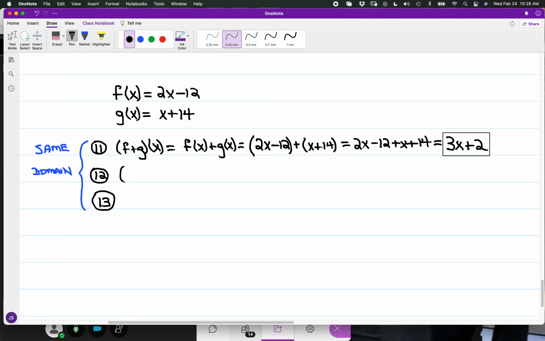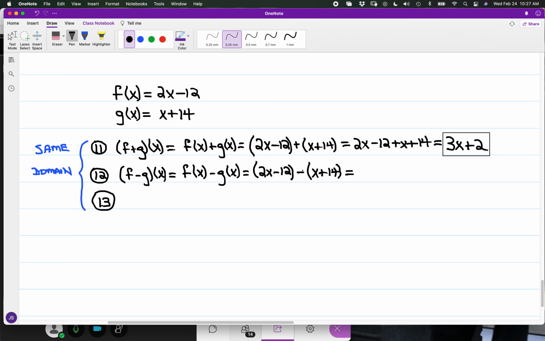Now for the difference function, okay, so you have f minus g of x. Okay, so we have f of x minus g of x. Okay, so f of x, again we have 2x minus 12. And have subtracting g of x. Again, g of x, we have x plus 14. Now, when I had the operation of addition separating the functions, okay, there was no sign change upon removal of the parentheses.